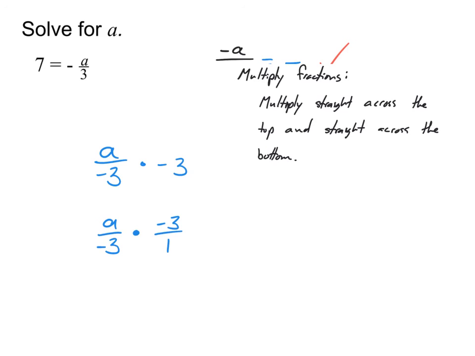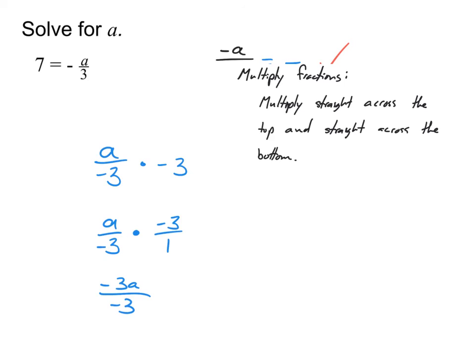And so in order to multiply these two fractions, I'm going to multiply a times negative 3 on the top, which gives me negative 3a. And then on the bottom, I multiply the negative 3 times 1. And negative 3 times 1 is negative 3. Notice in our fraction here, we have the same number multiplied into both the top and the bottom. We have a negative 3 in both the top and the bottom.